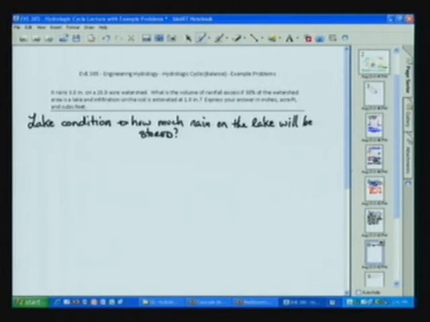Okay? So the watershed area is 20 acres. The lake is 30% of the watershed.